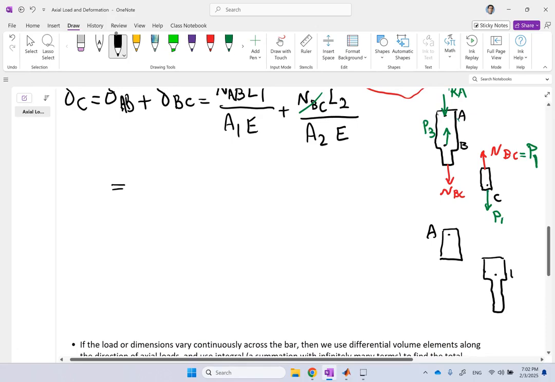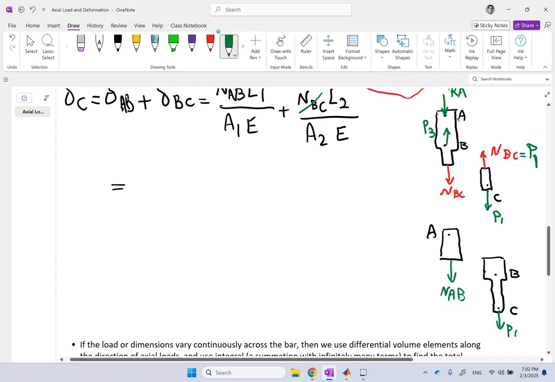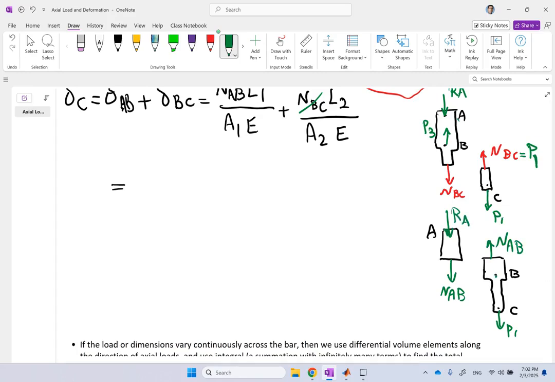So this is B, this is C, this is P1, this is N of AB, this is the reaction RA, and then that P3 is going to be right here.